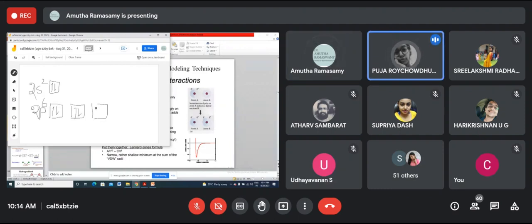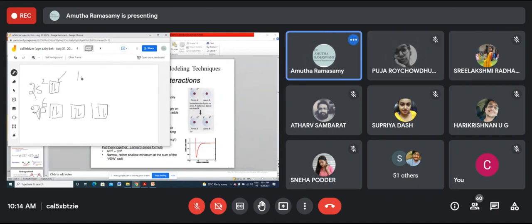Ma'am, the electrons would be filled from lower energies to higher energies in that order. How does this low energy come? If this 2s2, will two electrons with up spin be accommodated? No, ma'am. So anti-parallel, one is up spin and the other is down spin. Then only that is a stabilized one. So this is the Pauli's exclusion principle.